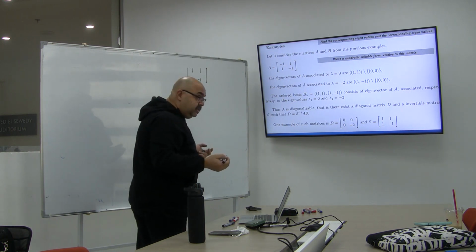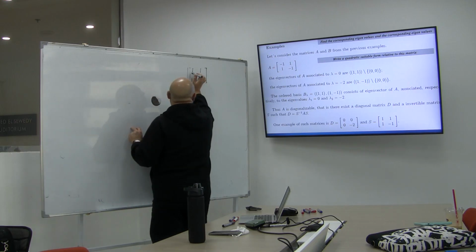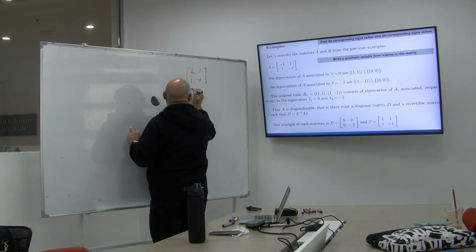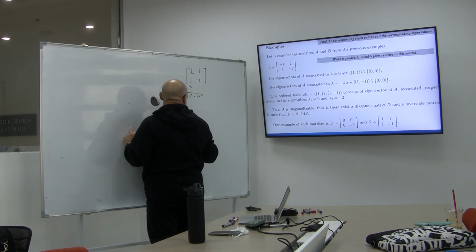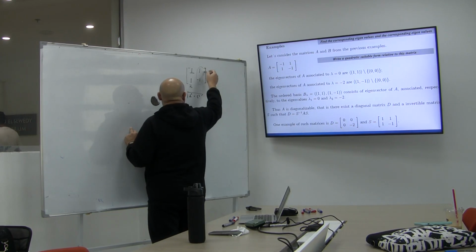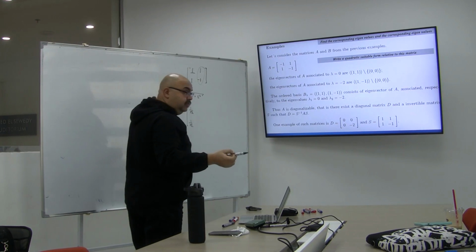This is very simple. I will divide this guy by the square root of the sum of the squares of its components, which is 1 to the power of 2 plus 1 to the power of 2, which is going to be √2. So the actual S is going to be 1 over √2, 1 over √2. In a similar manner for this guy, you will have √2.